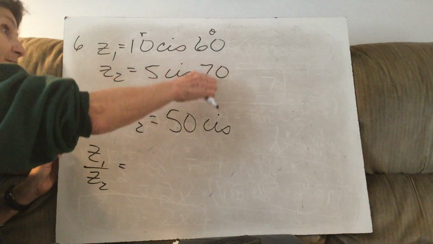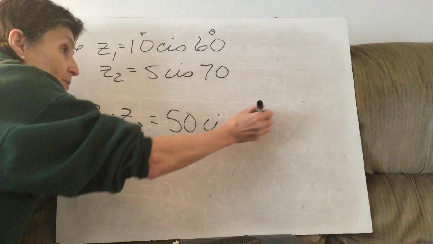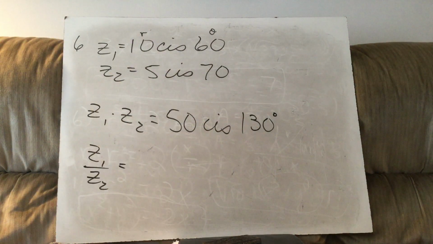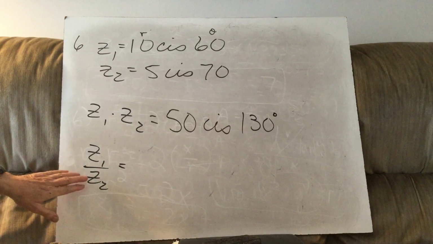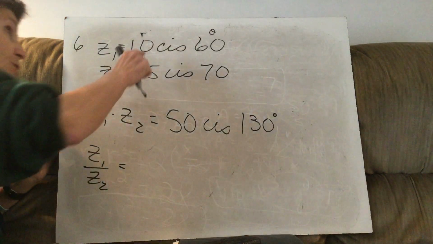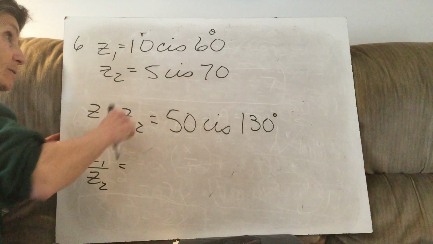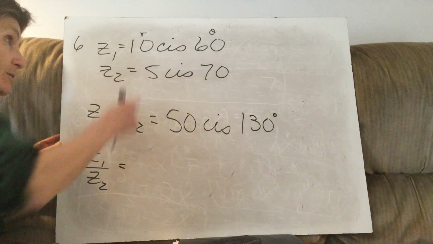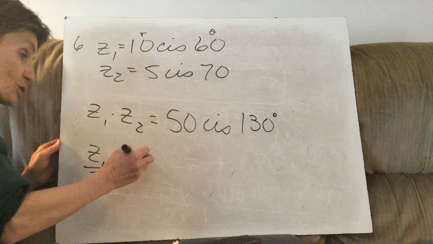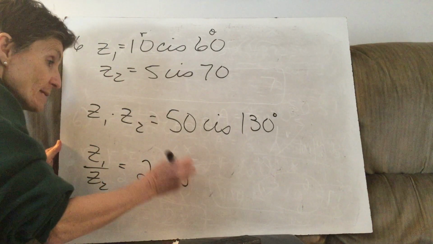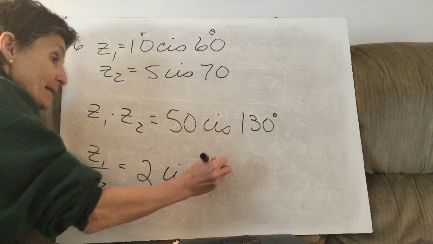And we add the thetas, so we get 130. Done. You multiply the r's, add the angles. Now, in the division problem, you do the same thing, only you divide the r's and subtract the angles. So when I divide the r's, I get 10 divided by 5, which is 2. And then when I subtract, I get negative 10.